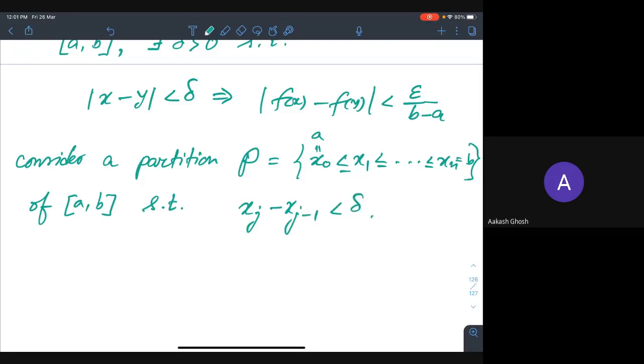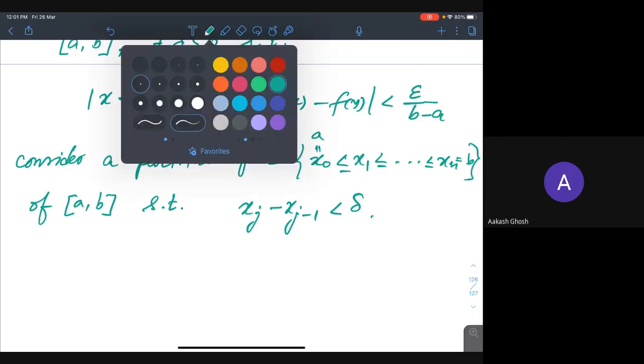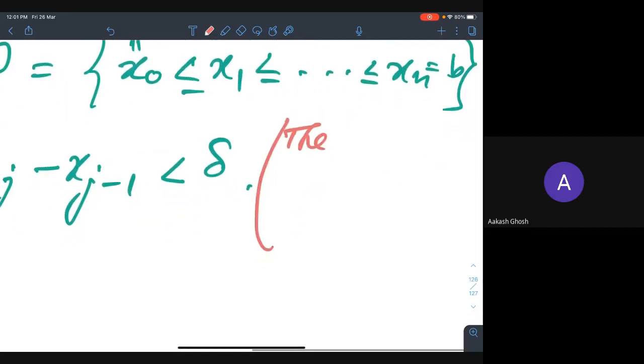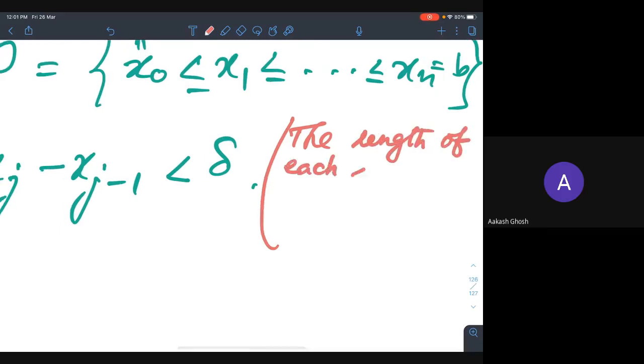All right. The length of each subinterval is less than delta.